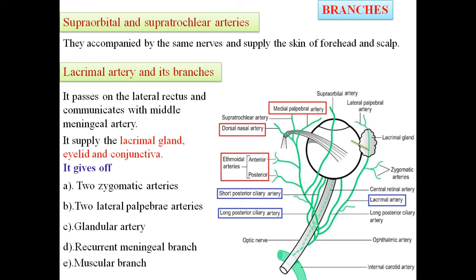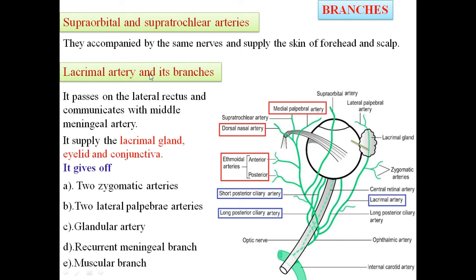The supratrochlear artery is also a terminal branch of the ophthalmic artery, along with the dorsal nasal artery. It arises from the superior medial aspect of the orbit. Then it supplies the forehead, upper eyelid, and periosteum.